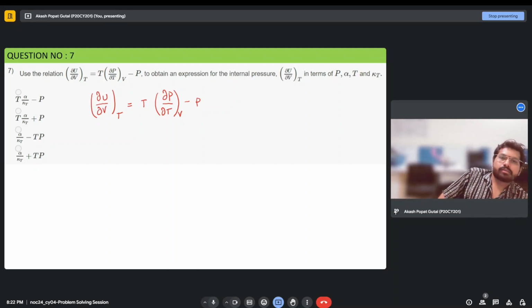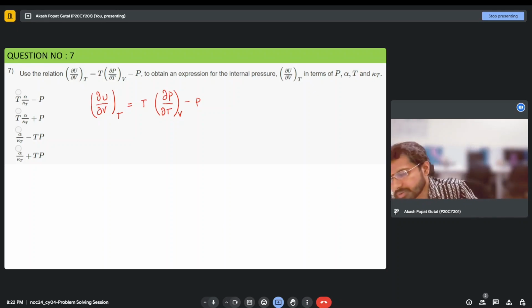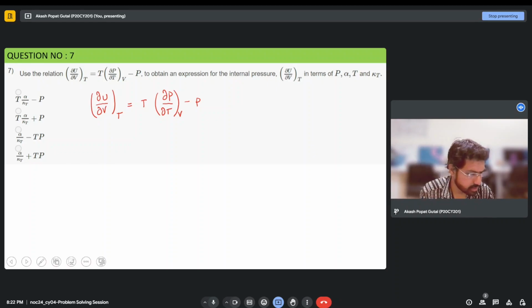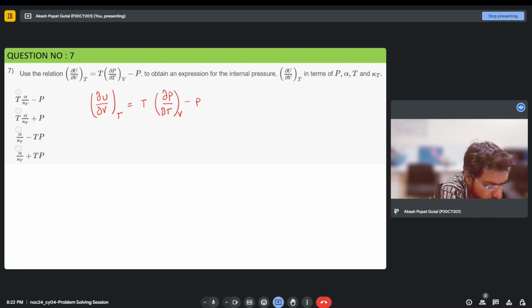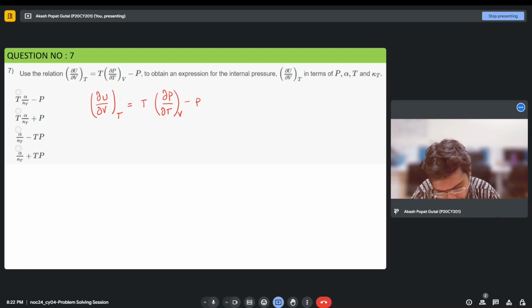They are coefficients of expansion, so volume must be there in the equation. But in the right hand side, we see there is a lack of volume term, and we need to introduce it somehow.